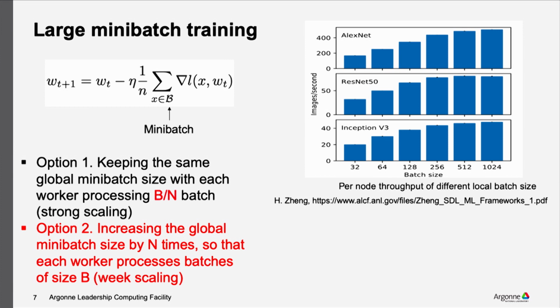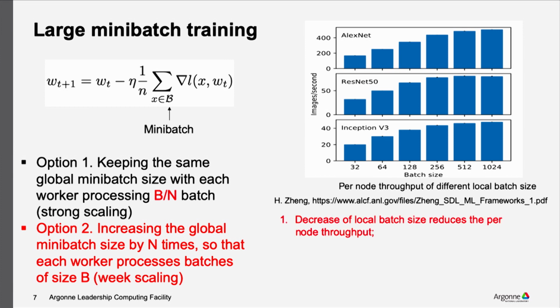Then I tested the performance, and the smaller batch size is not good for the performance. This is the ImageNet benchmark, basically saying that if I reduce the batch size, then the number of images I process per node is degrading.